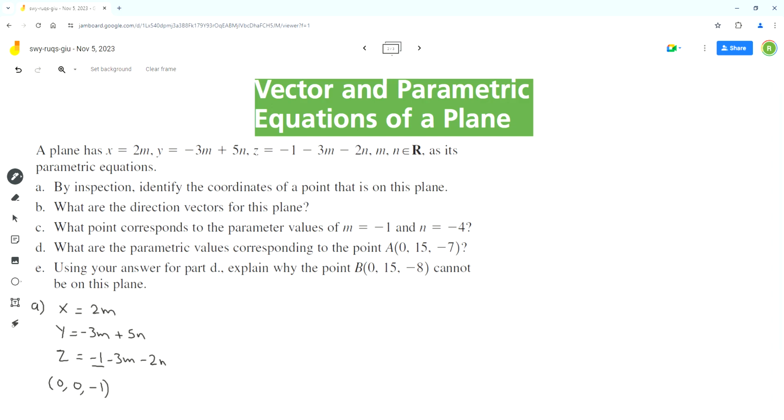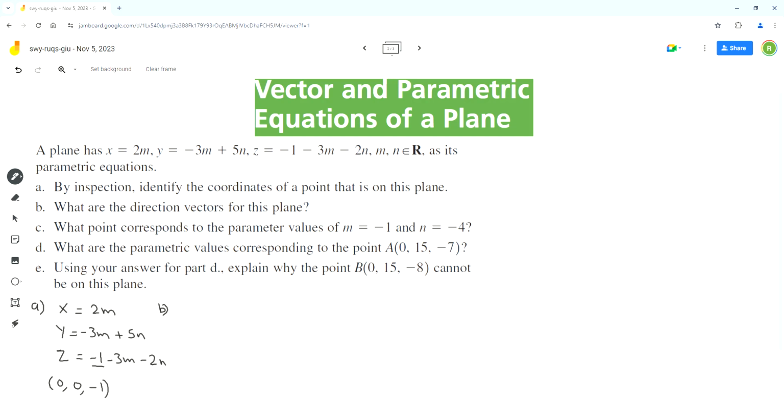Now we can analyze part B. What are the direction vectors for this plane? As you may know, a plane has two direction vectors which are non-collinear vectors, and in the parametric equations, the components of the vectors are the coefficients of the parameter terms. Now these equations have two parameters, m and n.